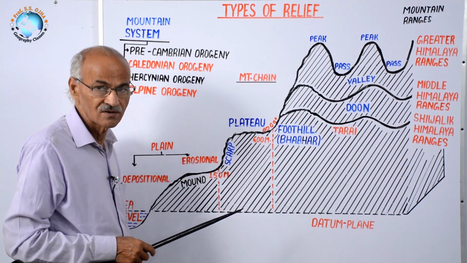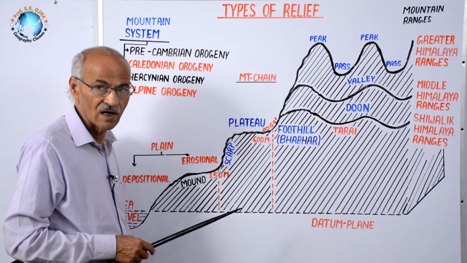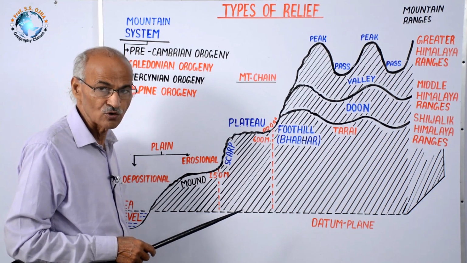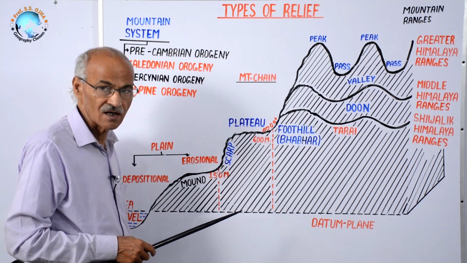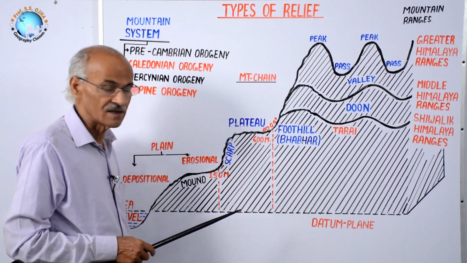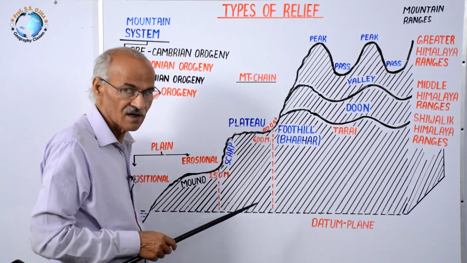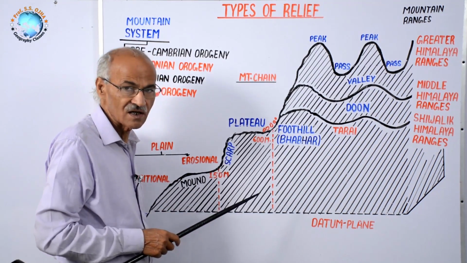One exercise for you: draw a world map and locate all the plateaus. And if you bring those plateaus together, you will construct Angara land, Gondwana land and Pangea. So these are plateaus of very hard rock, and they are mineral rich also.